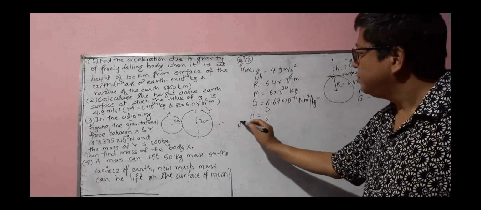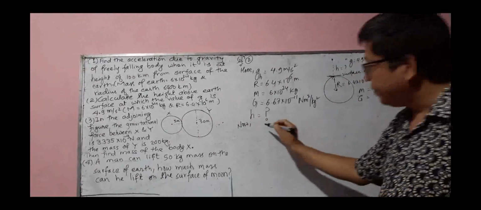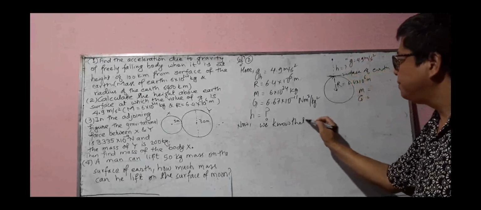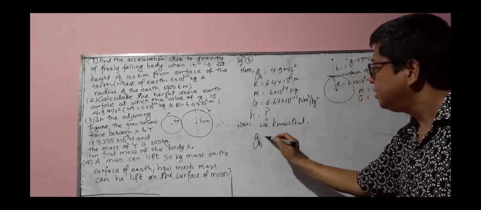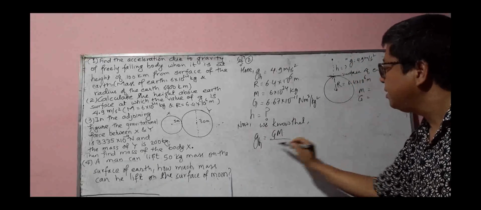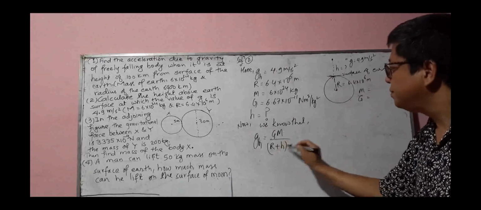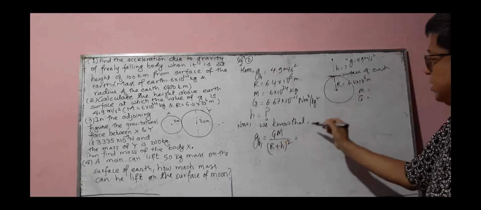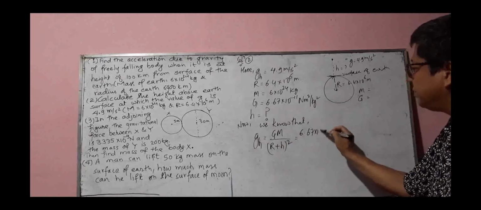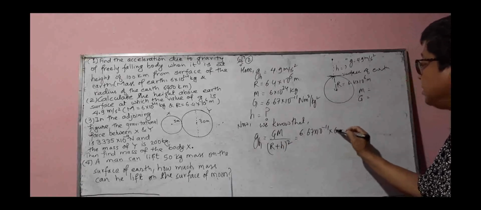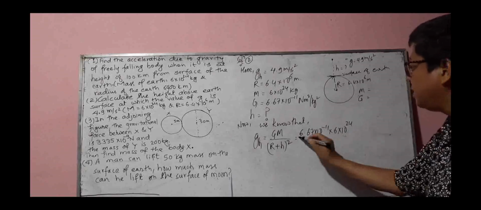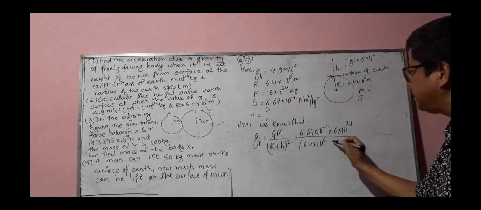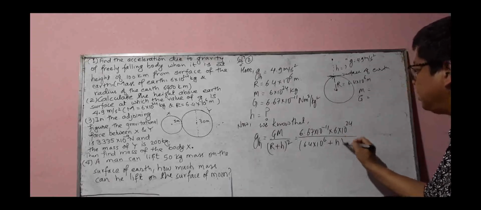So now we have a formula. We know that gh is equal to GM by (R plus h) whole square. So this equals 6.67 into 10 to the power minus 11 into mass 6 into 10 to the power 24, and the value of R is 6.4 into 10 to the power 6 plus h whole square.